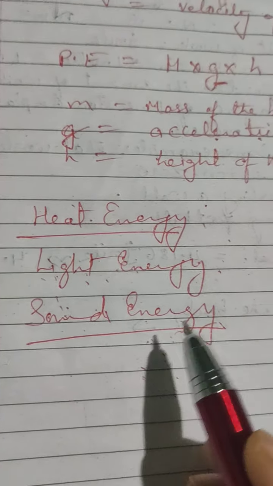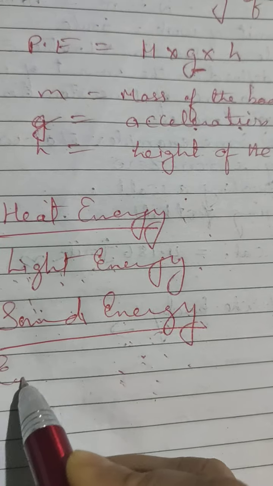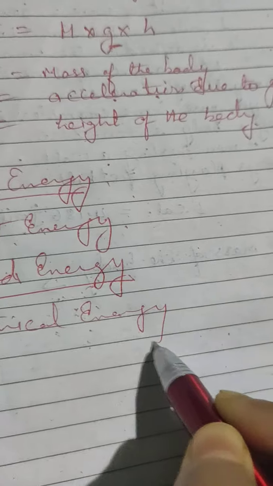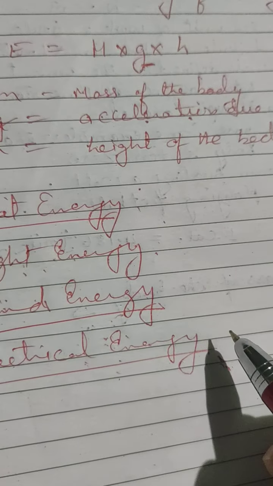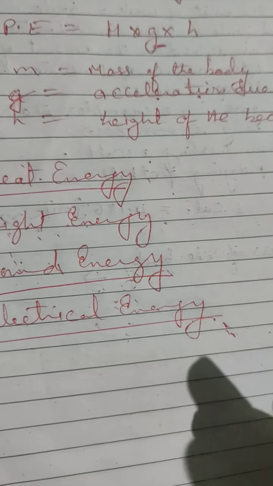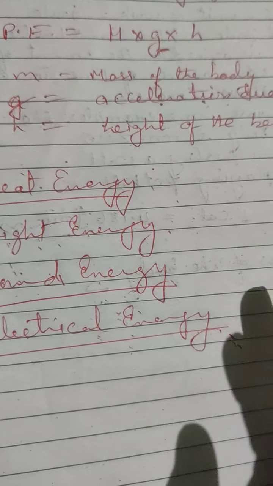This is clear? Now, fourth type is electrical energy. Electrical energy is also very important. This is also a main source of energy. Without electricity, nothing can be done. We all depend on electricity.